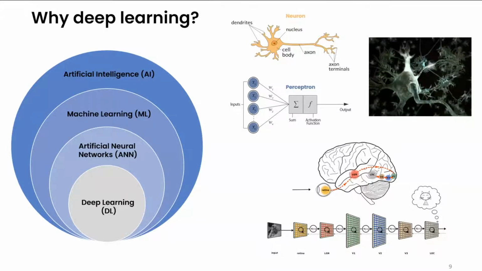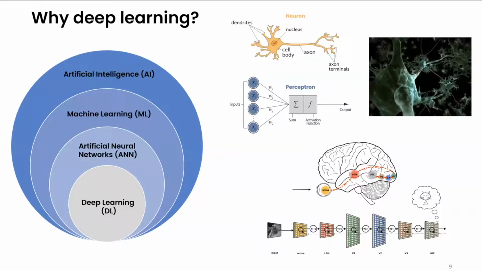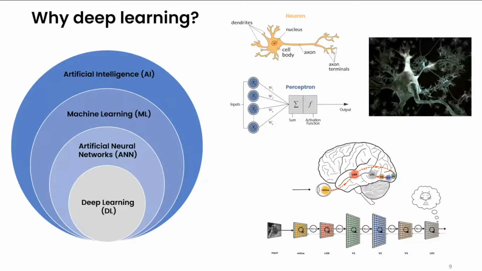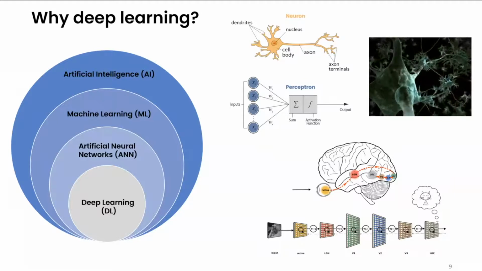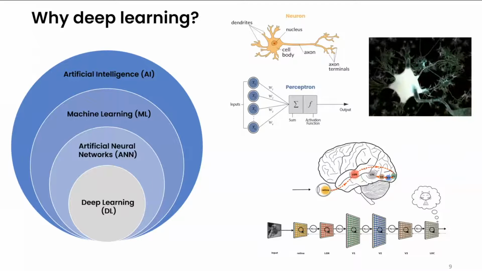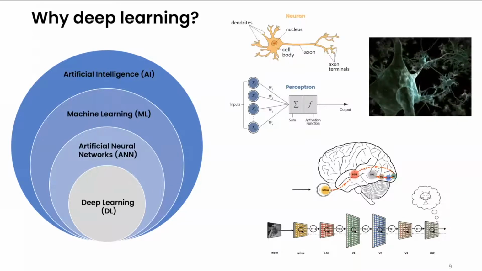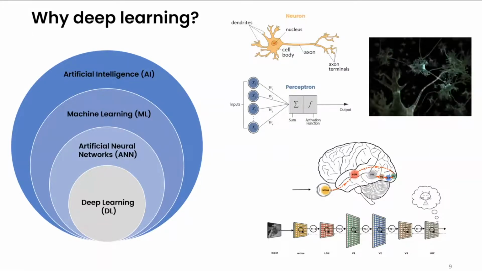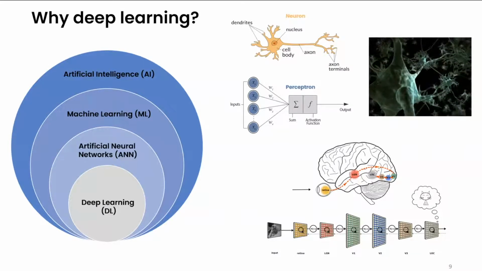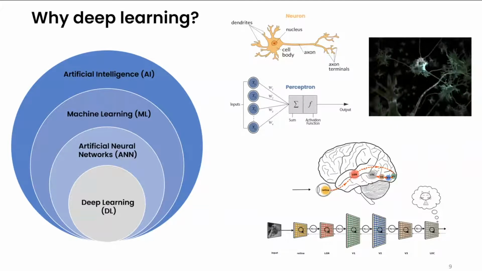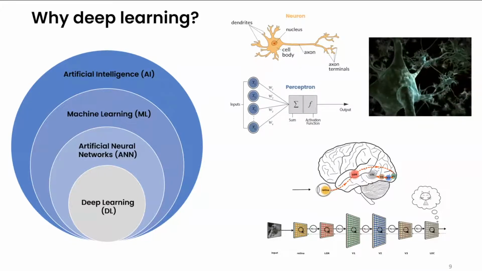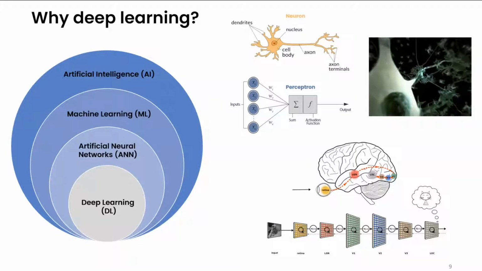Each visual area computes a slightly more complicated feature than the area it received the input from. And by the time this computation reaches decision-making areas of the brain, it is sufficiently abstract so object recognition or any other task can be done relatively simply. This is really the inspiration of the layer design of CNN. And the development of CNN has had a tremendous influence in the field of computer vision.